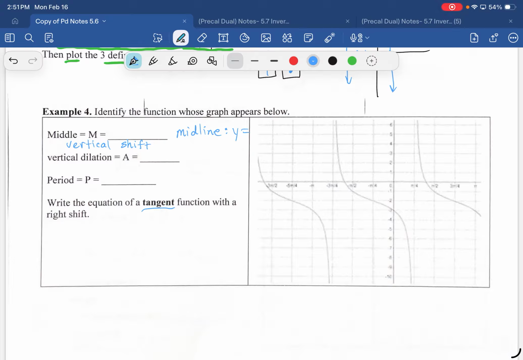When the angle was pi over 4, the value of tangent of pi over 4 is 1. Going to the left from that origin point at negative pi over 4, tangent is negative 1. On this grid, I use 2 boxes to be 1 unit for the y-axis scale because I did that for sine and cosine.